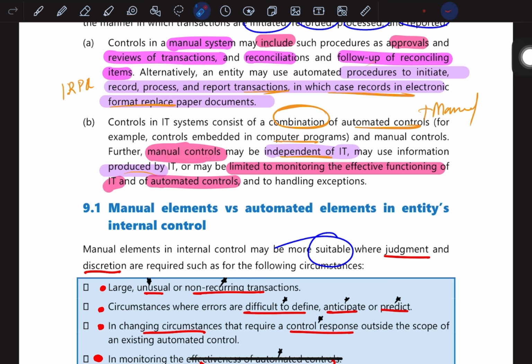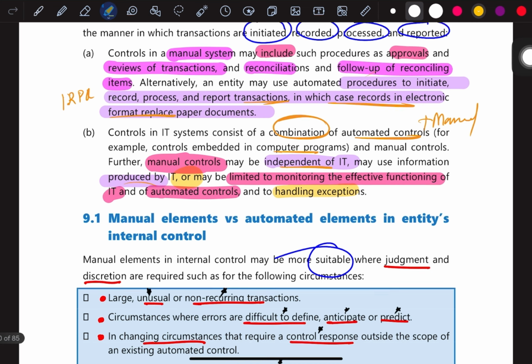They may use the information that is produced by IT, or they may be limited to monitoring the effective functioning of IT and of automated controls and to handling exceptions. So basically it may be independent of IT, it may use information produced by IT, or it may be limited to monitoring the effective functioning of IT and of automated controls or to handle exceptions.